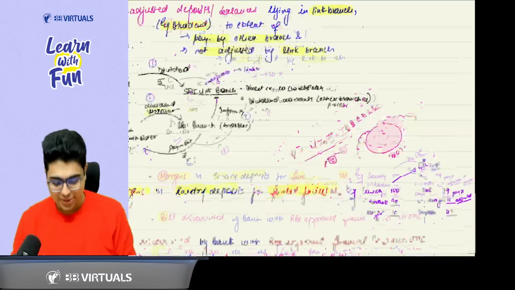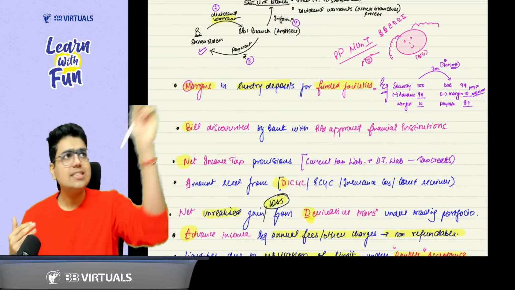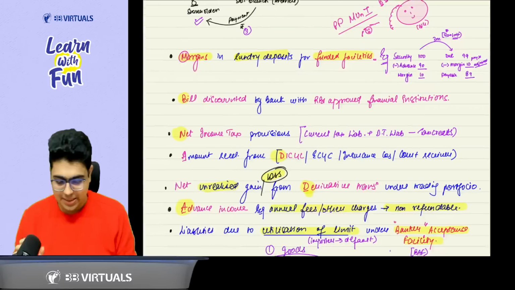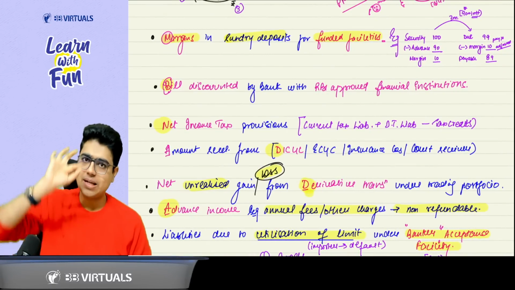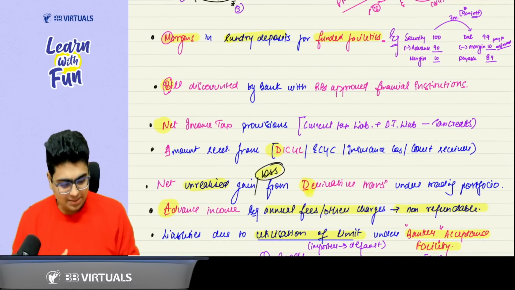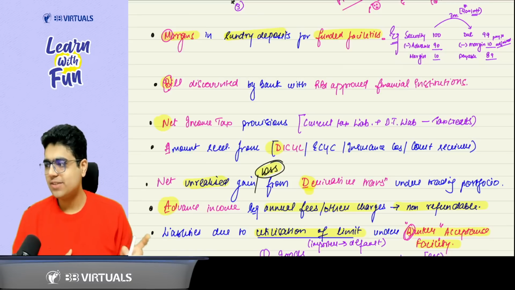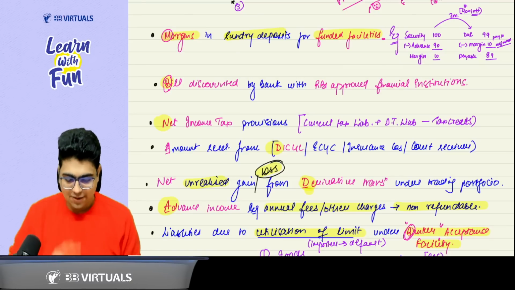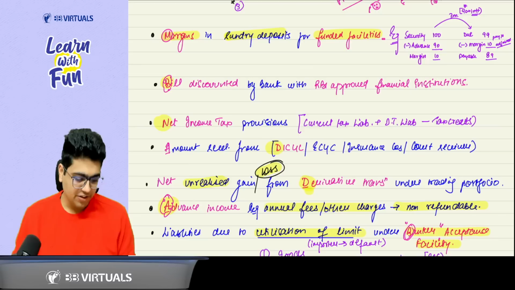Let's understand the point. You have understood it, but to solve the question you also need to remember that these things are to be excluded. Buddy means B for bills discounted by the RBI approved institution. Next, B means bankers acceptance facility; if there is any liability, it is excluded. A for advance income, which is non-refundable.